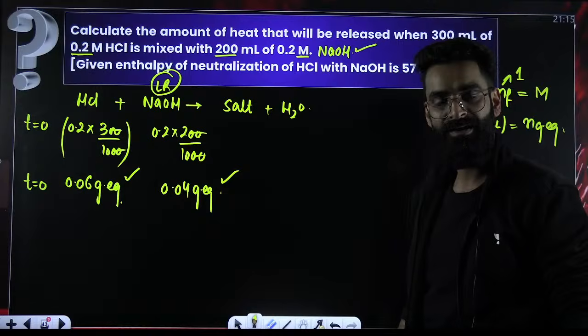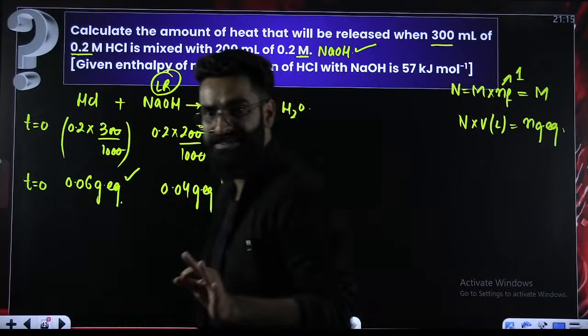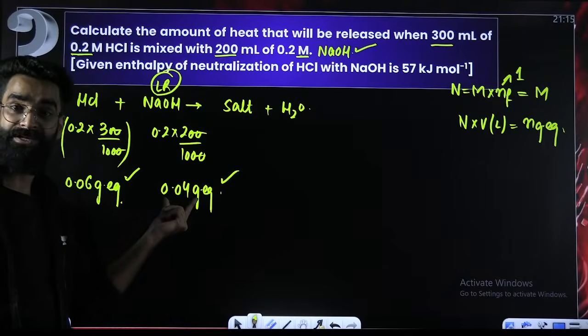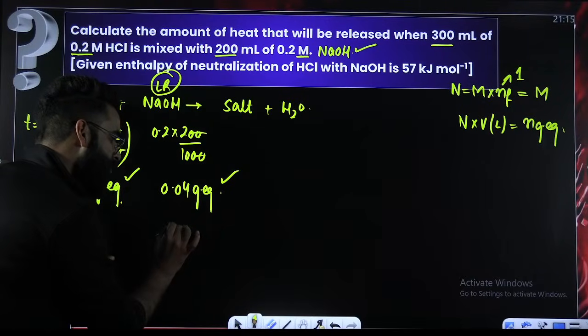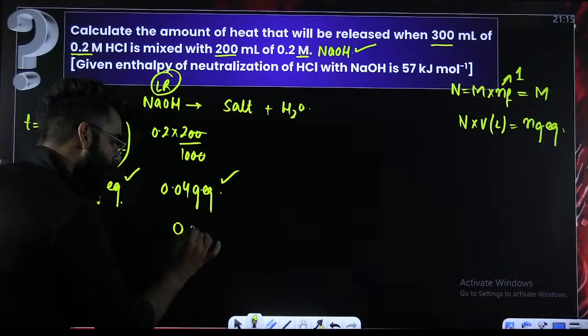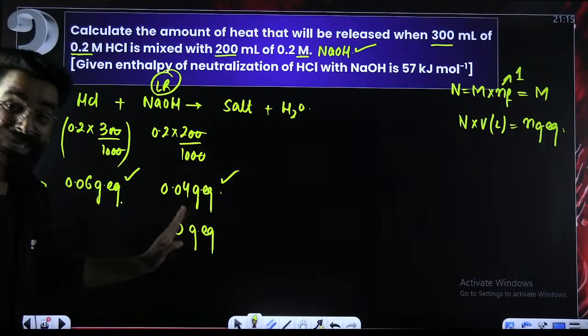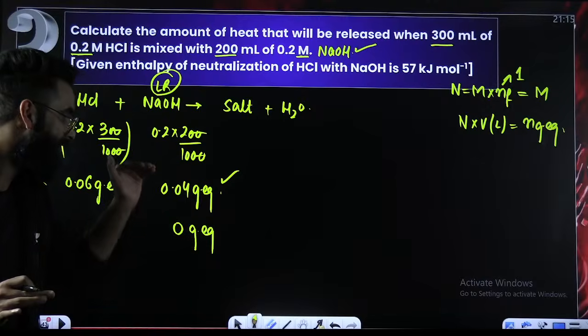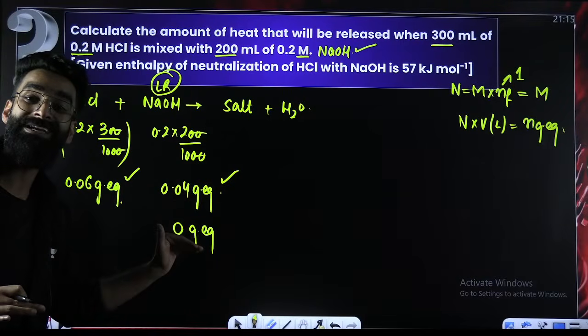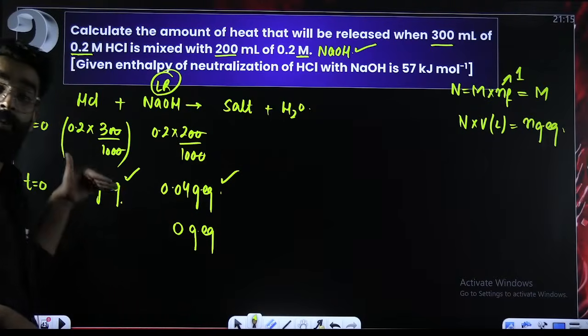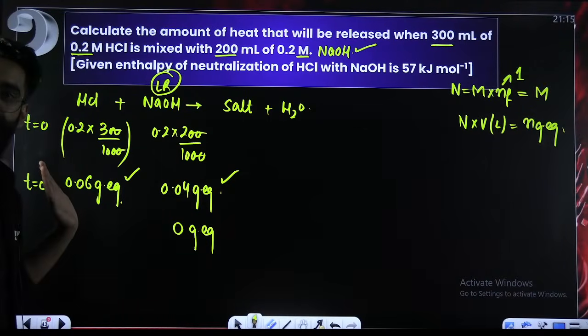And the equivalent concept says, since it is your limiting reagent, it would have got completely consumed. So 0 gram equivalents of limiting reagent will be left. Now, the equivalent concept says that gram equivalents of limiting reagent reacted is the same as gram equivalents of excess reagent reacted.